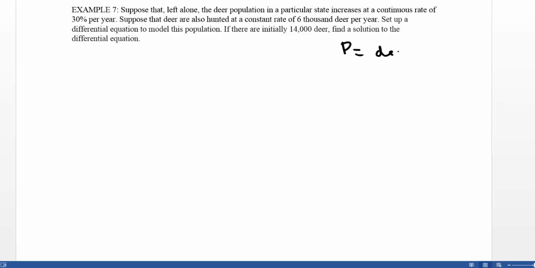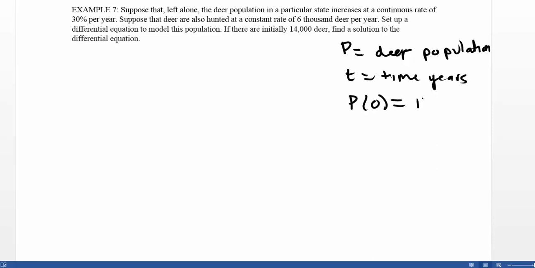P is the deer population. T is going to be time in years. And I know that the population at time 0 is 14,000. So those are things I just want to write down before I even start so that I'm clear about what all my variables mean and the information I have.